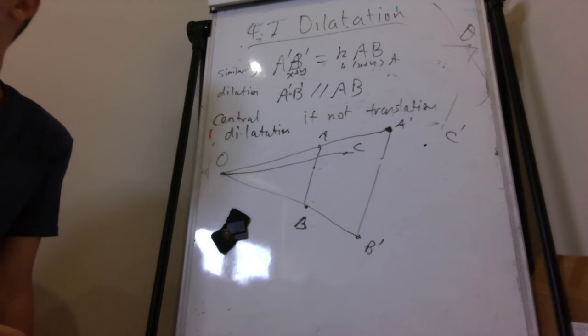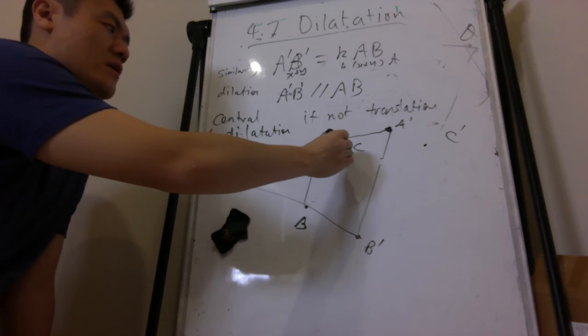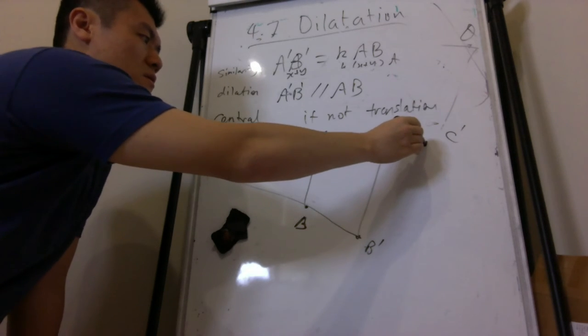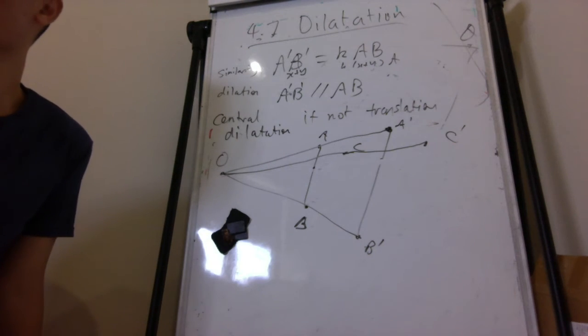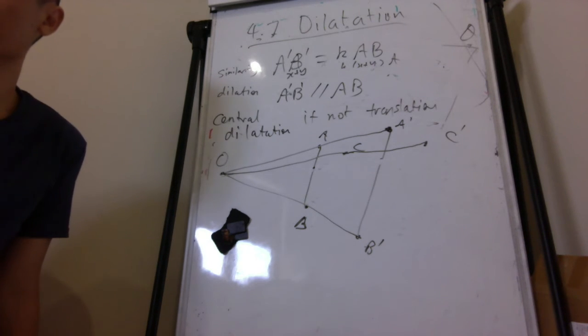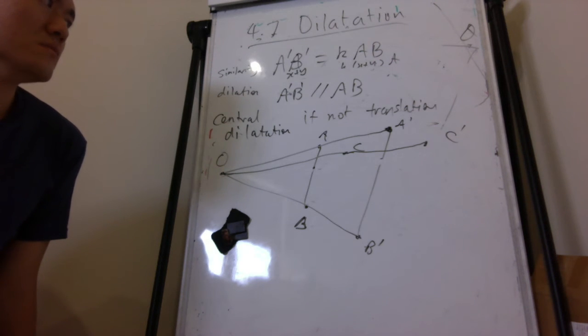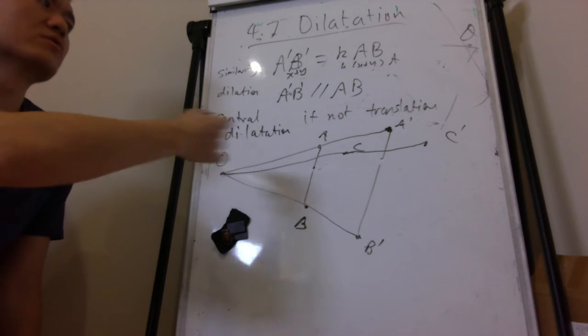Can you see that C prime lies on the same line as OC, because it preserves collinearity? In this case we've assumed it lengthens it.